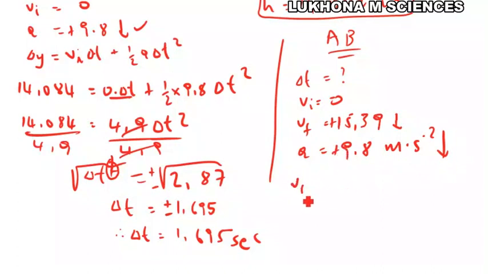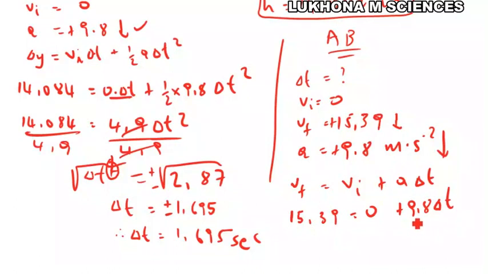We can use final velocity is equal to initial velocity plus a delta T. Then the final velocity is 15,39, which is equal to 0 plus 9,8 acceleration delta T. Then we can divide by 9,8.